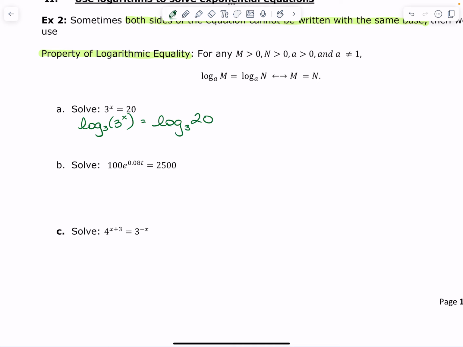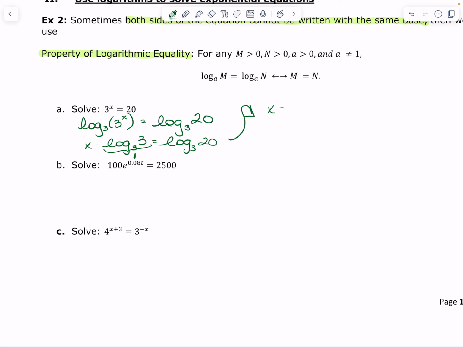Log base 3 of 20 is just a number. It's a little ugly, but it's a number. On the left-hand side, we can use that power rule. I'm going to pull the x out front. We're going to slide up here. Log base 3 of 3, we know this is just 1, right? 3 to the what power equals 3?